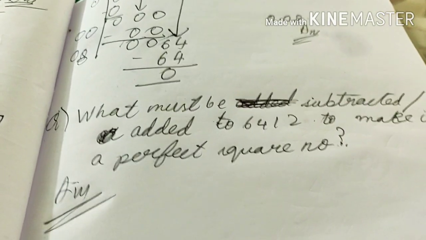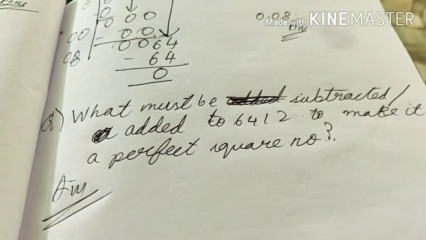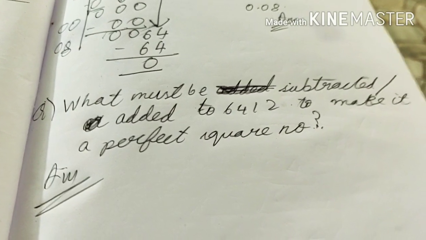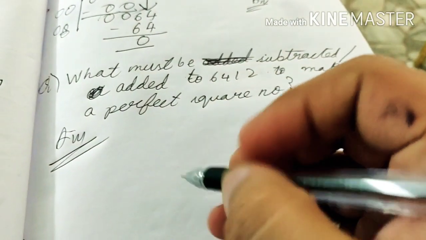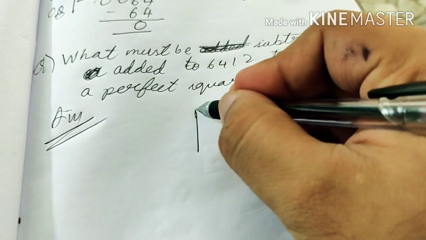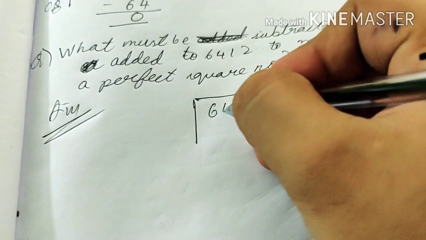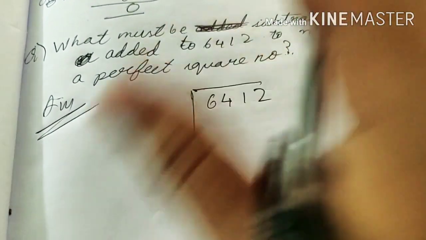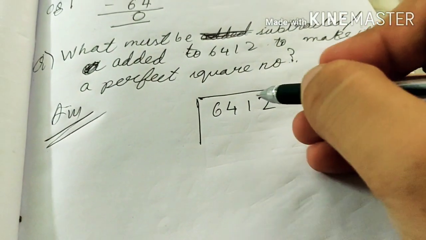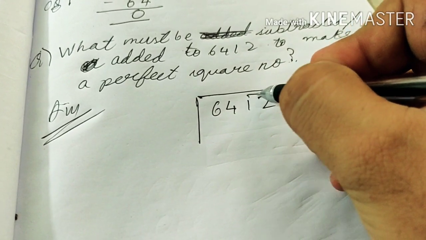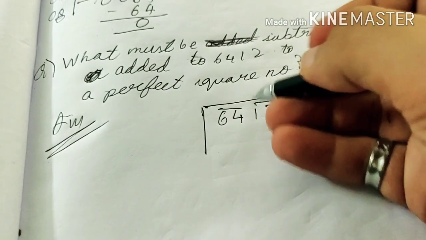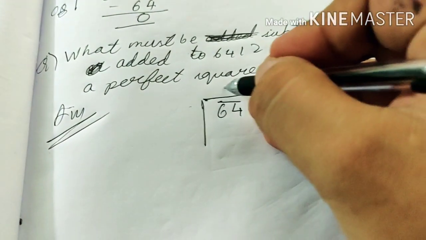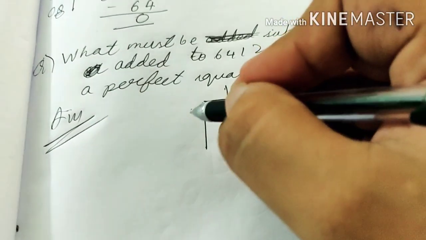So here we have a question that says, what must be subtracted or added to 6412 to make it a perfect square? First we have to see whether or not it is a perfect square. So we will start finding its square root. Here there is no decimal, so we will make pairs from the back.